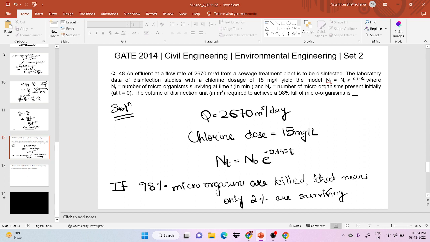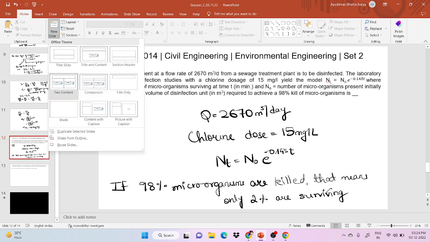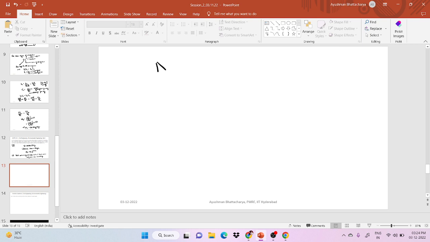So since only 2% are surviving, we can write Nt equals N naught e raised to power minus 0.145 t as Nt by N naught equals e raised to power minus 0.145 t. Since 2% are surviving, we can write it as this fraction.